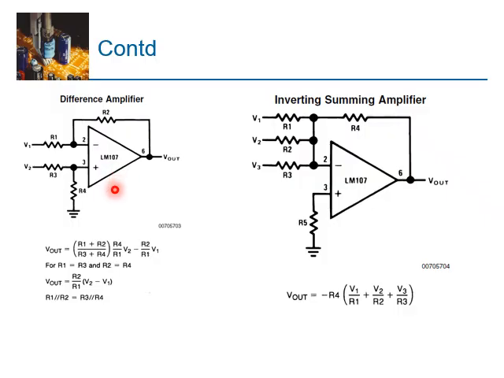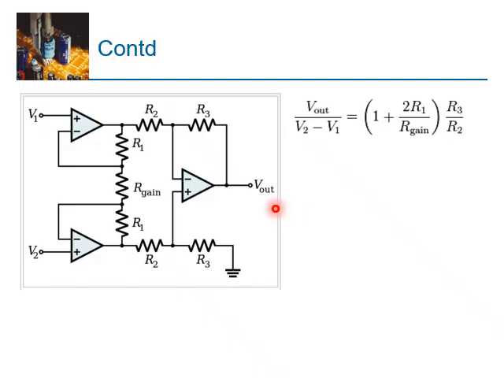This can be used, if you recall, for the incremental encoder A bar channel to get rid of common mode noise. This is the adder, summing amplifier, to add multiple signals, and this is an instrumentation amplifier as well, which can be used to detect V2 minus V1.